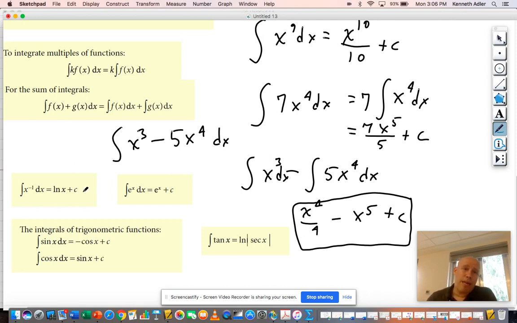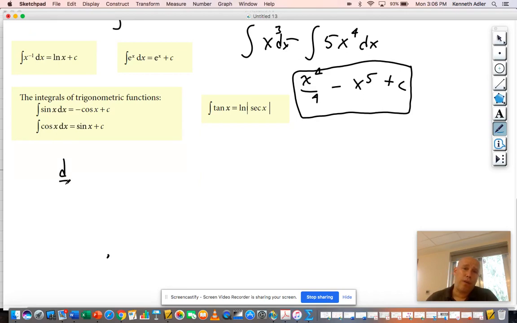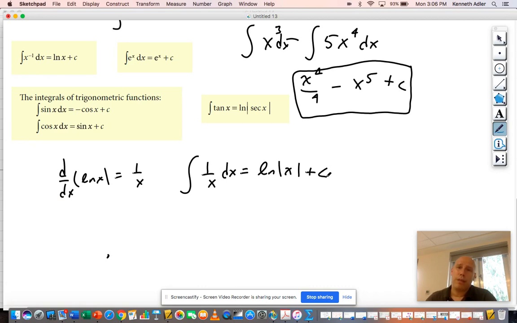In the differentiation unit, we saw that the derivative of ln of x equals 1 over x. So the integral of 1 over x dx is equal to ln of x, absolute value, plus c. In the last unit, we saw the derivative of e to the x equals e to the x.